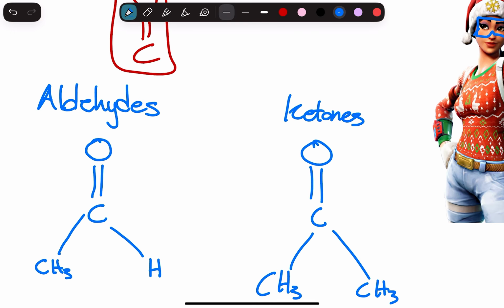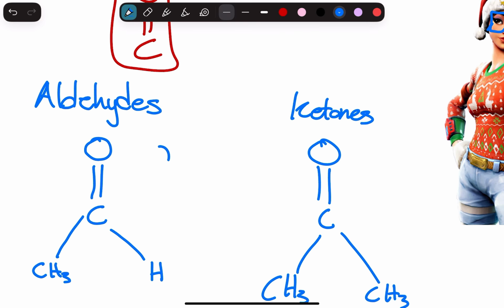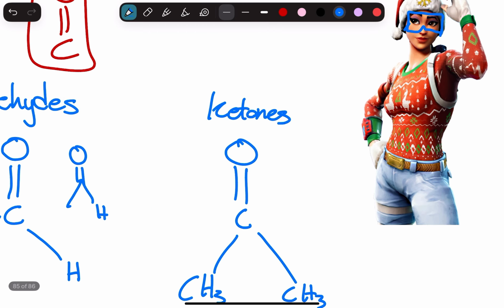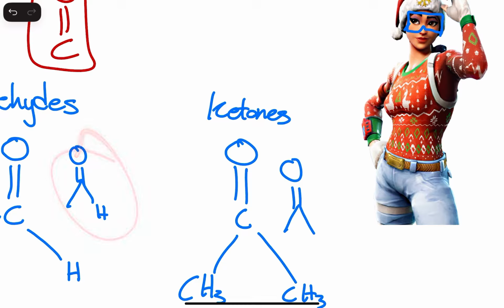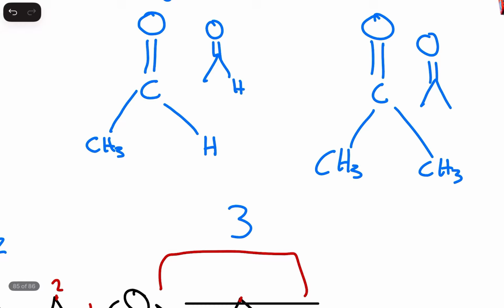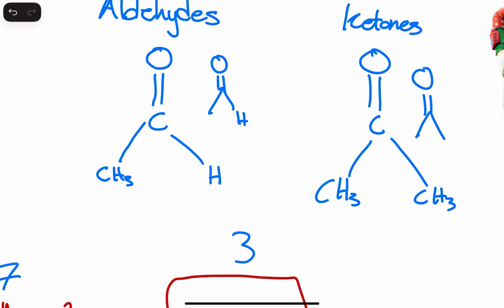So the simpler drawing of this would look like this, and the simpler drawing of this would look like that. So that's how you can tell the difference between an aldehyde and a ketone. Now, they each have their own naming rules, but let's look at their structural formulas and how they would look.